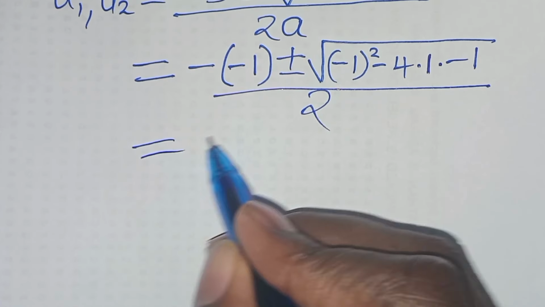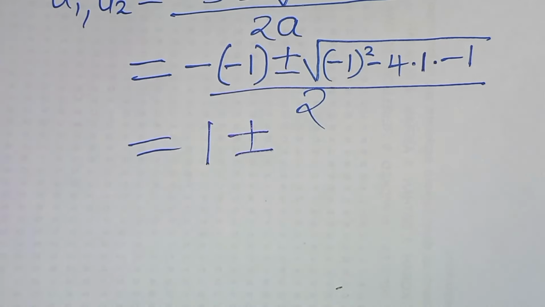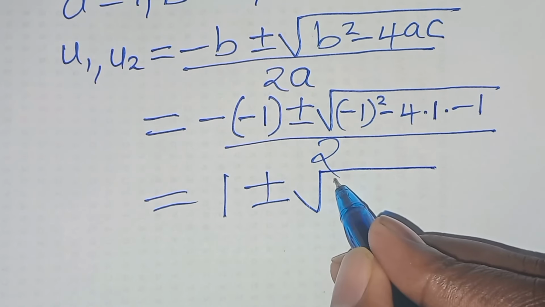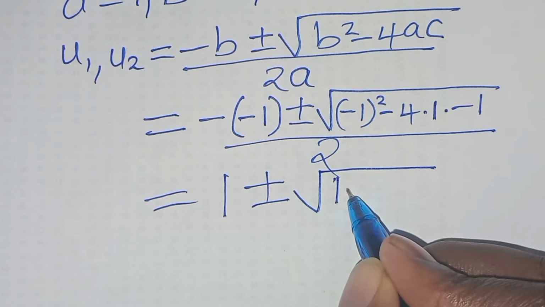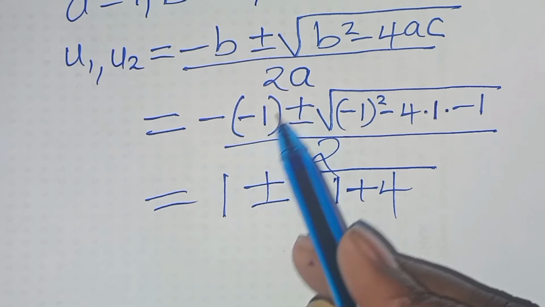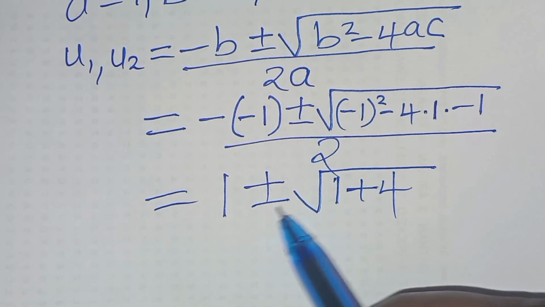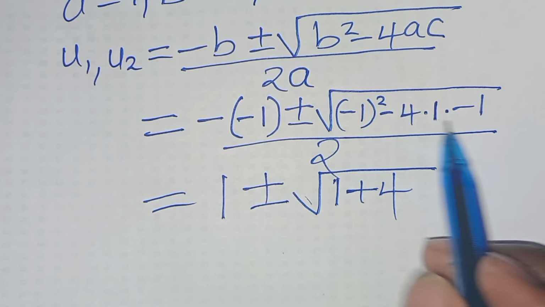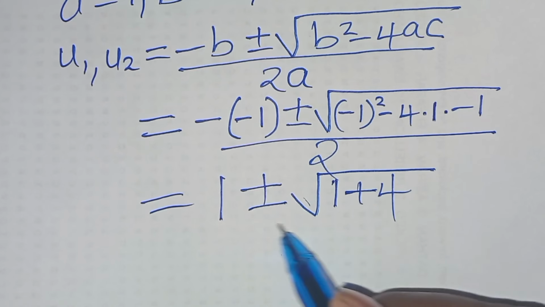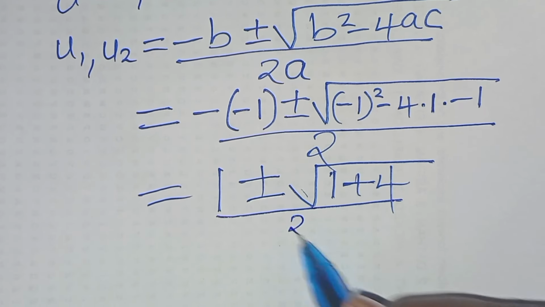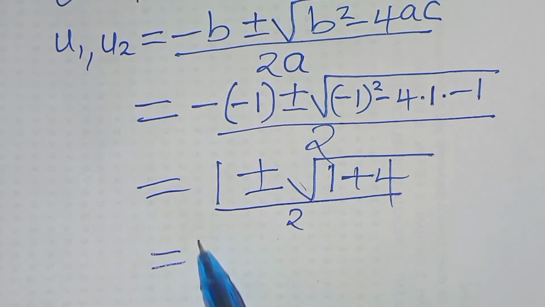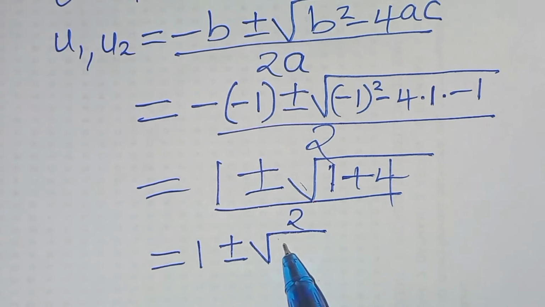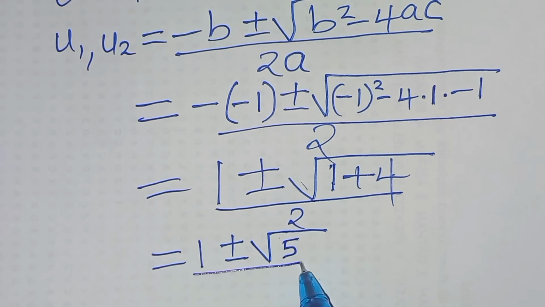So here we have 1 plus or minus the square root of -1 squared, this is 1, minus 4 times -1, this is plus 4, over 2. So this is equal to 1 plus or minus the square root of 1 plus 4, this is 5, over 2.